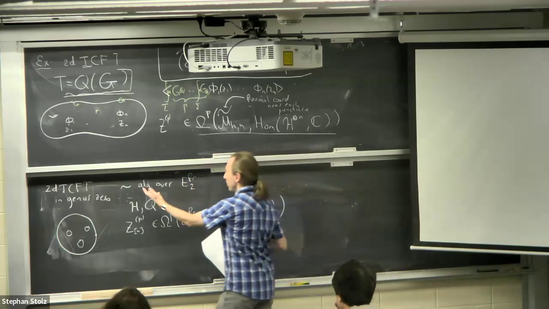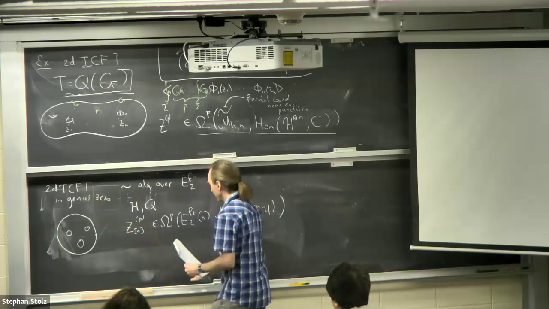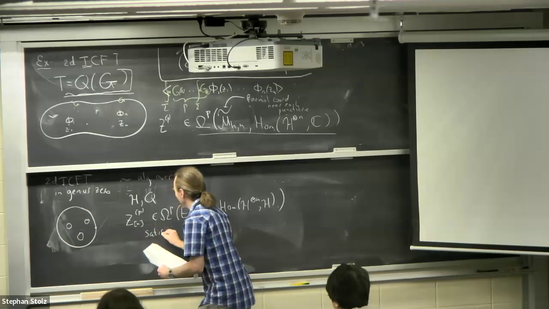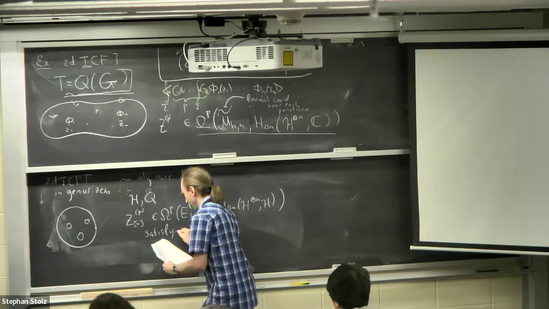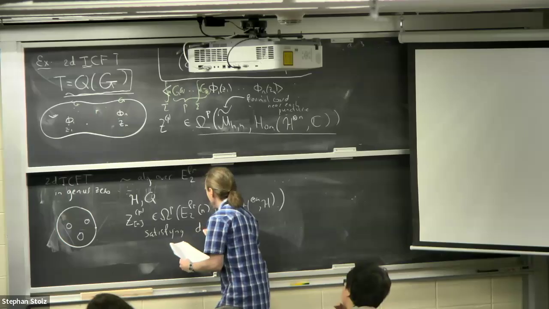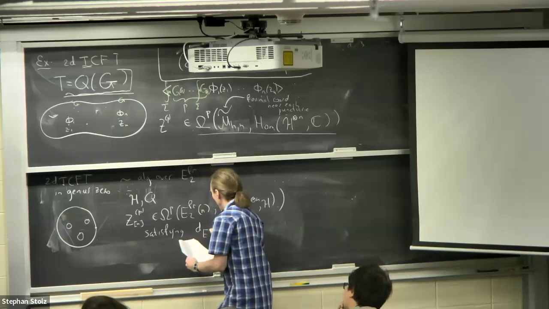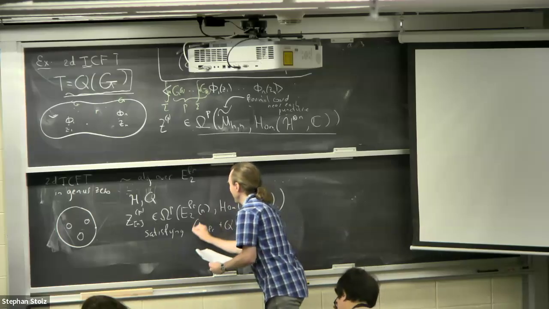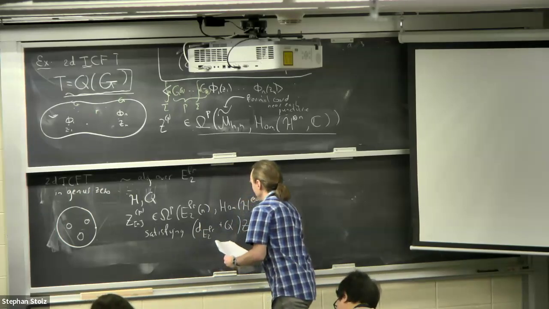So an algebra over such an operad is exactly a collection of such differential forms satisfying the equation that we would like to see here, that D on the configurations of disks plus Q annihilates C.